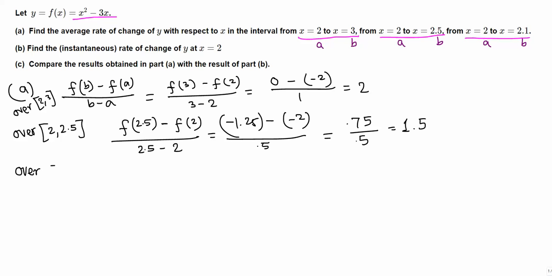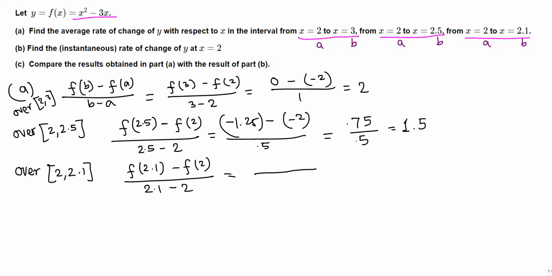Over the third interval 2 to 2.1, the average rate of change is f(2.1) minus f(2) over 2.1 minus 2. Evaluate the function at 2.1. Plug in x equals 2.1 here. That gives negative 1.89 using calculator, minus f(2), that was found to be negative 2, over 2.1 minus 2, just 0.1.